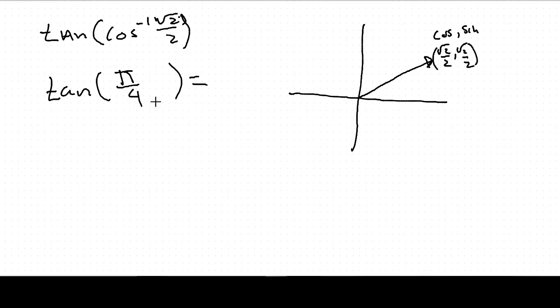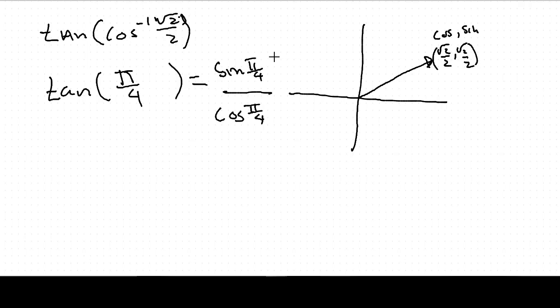So I can write this as the sine of pi over 4 divided by the cosine of pi over 4, because that's the definition of tangent. Tangent is sine over cosine.